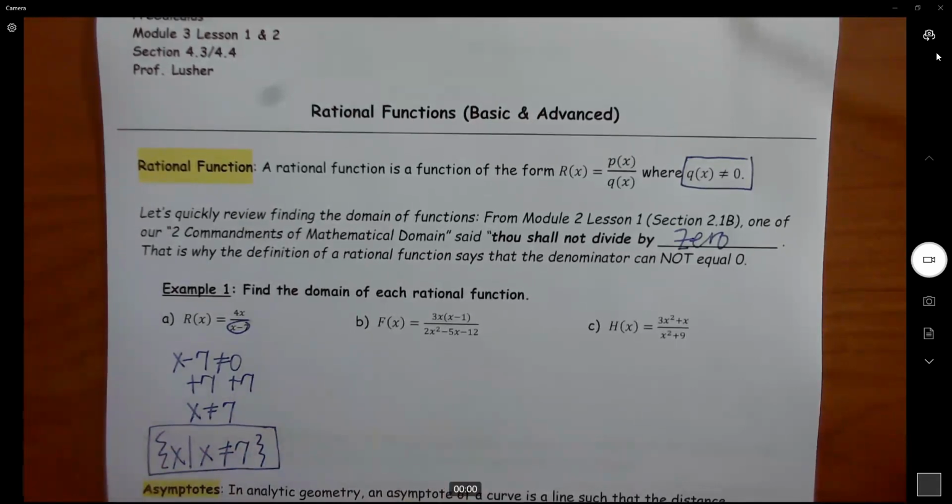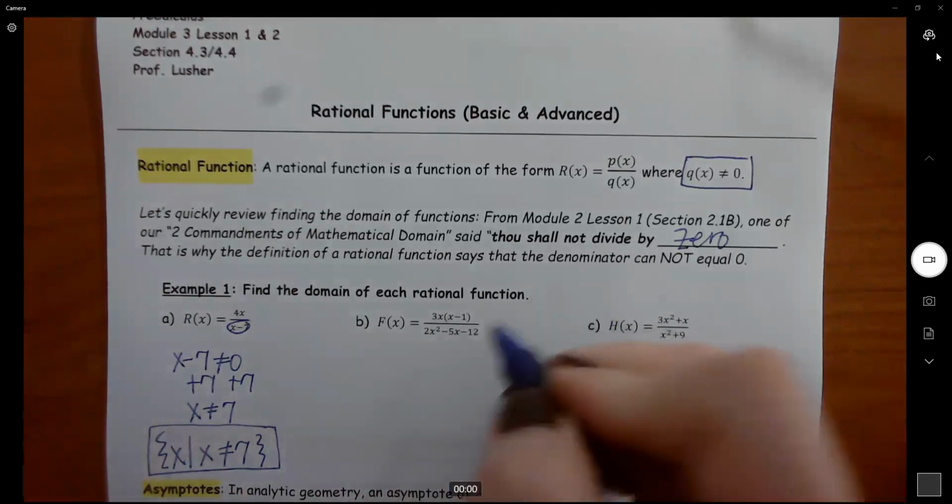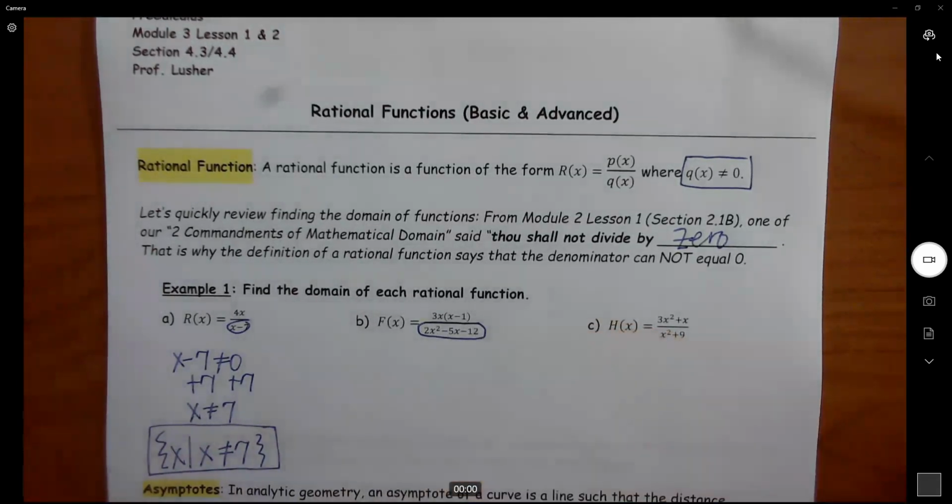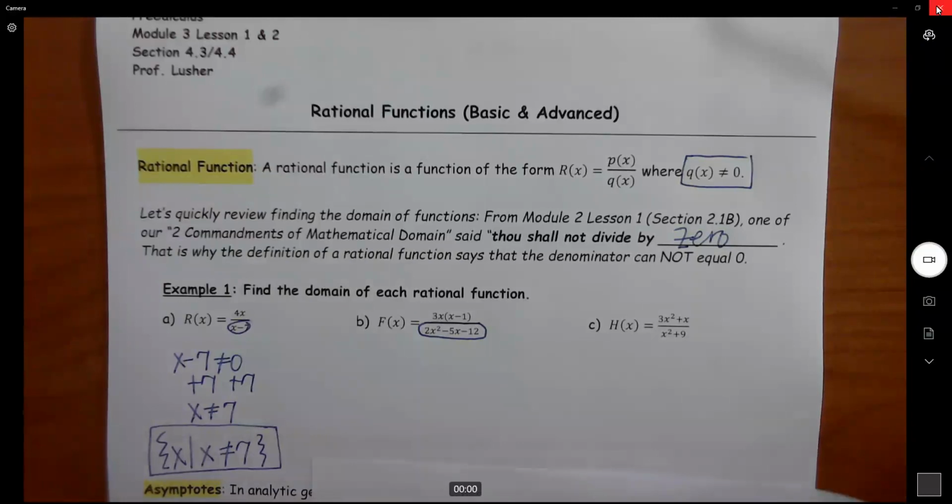On B, we have f of x equals 3x times x minus 1 over 2x squared minus 5x minus 12. We again only care about the bottom portion here. Unfortunately, they have factored the top and not the bottom, and the bottom is what we need factored.